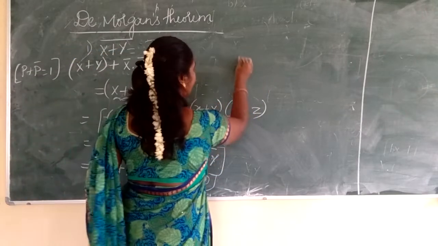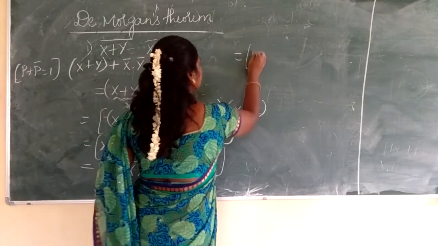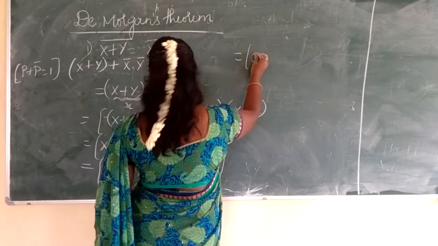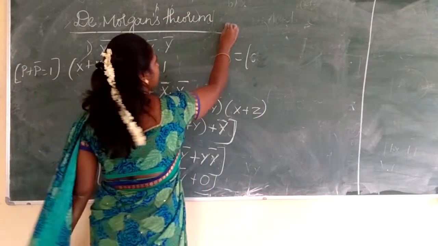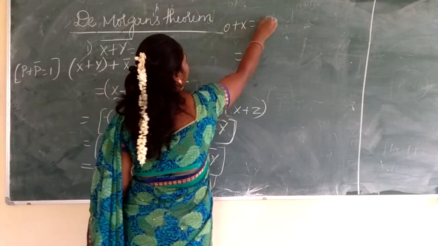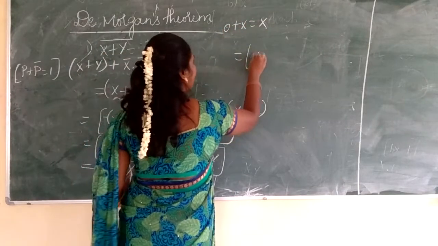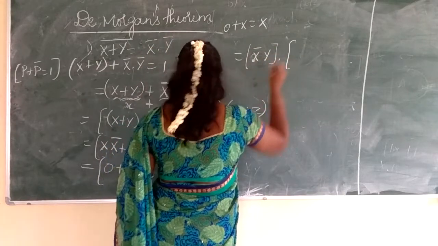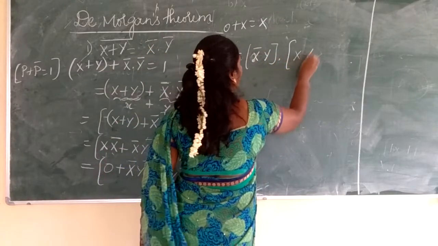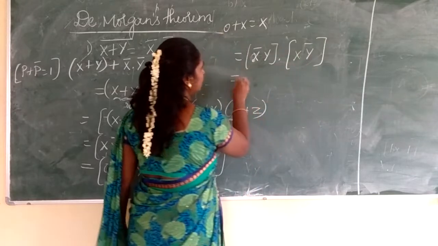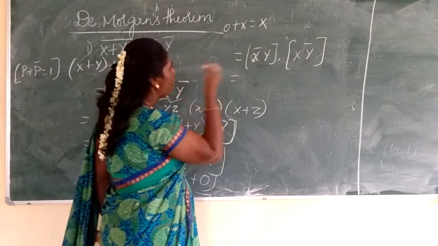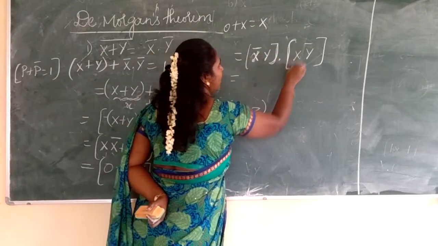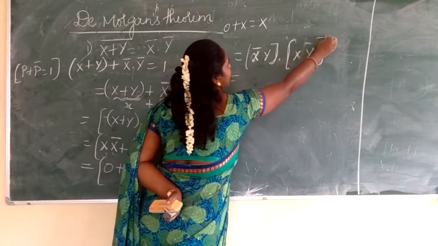Now you take it as it is, that is 0 plus x bar, that is the property, 0 plus x is nothing but x. So consider x bar y into x y bar. So here it is in the form of x bar y into x y bar.